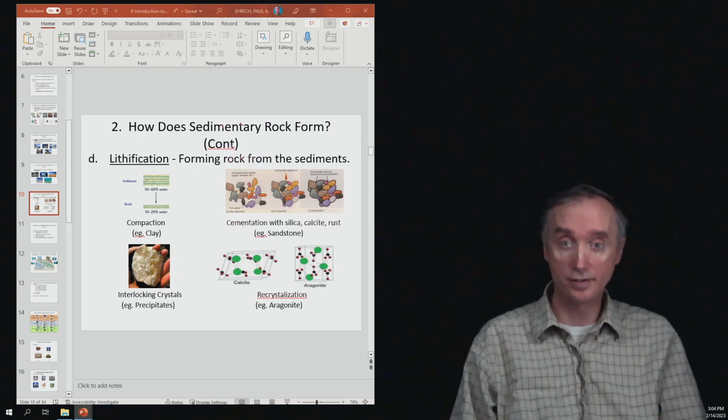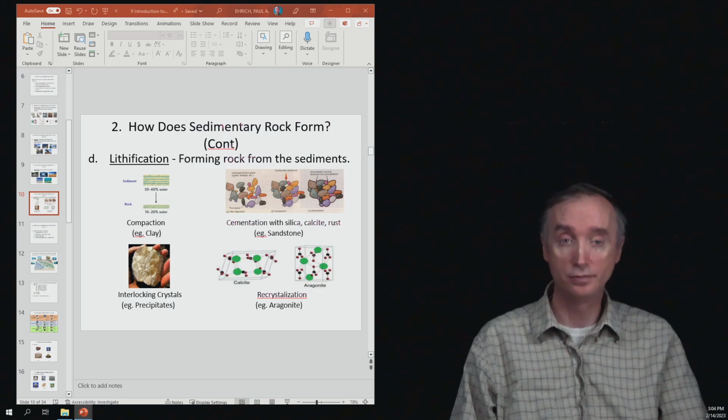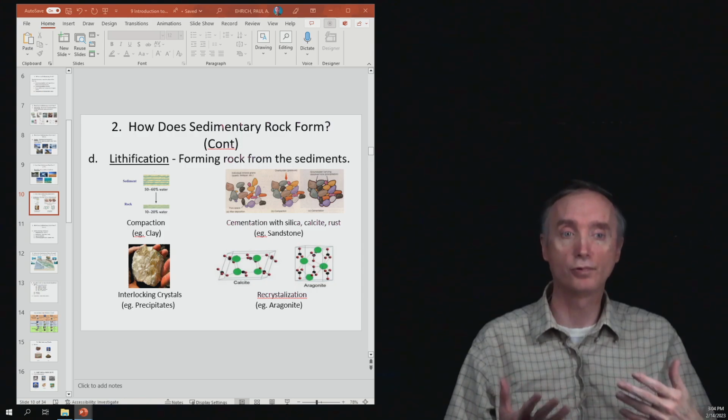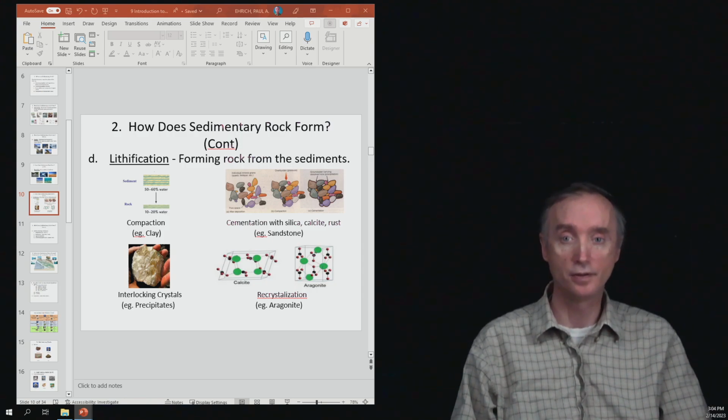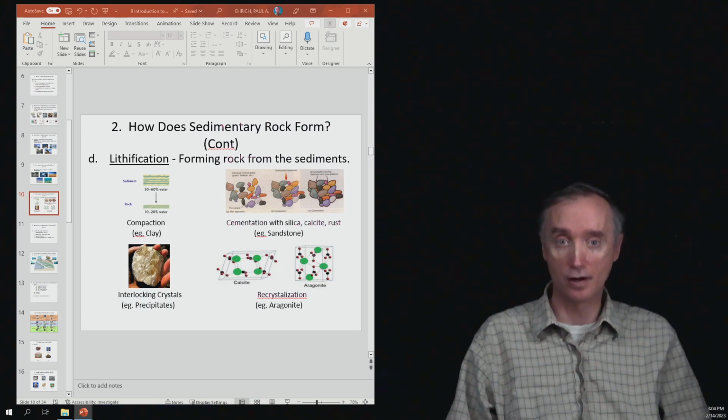There are other kinds of crystals though. So if you recall, salt is something else that could be precipitated to the bottom, and so then you end up with rock salt. You end up with the mineral halite as a result of it. So we'll look at some other examples of evaporites, examples where crystals have interlocked and formed a sedimentary rock.